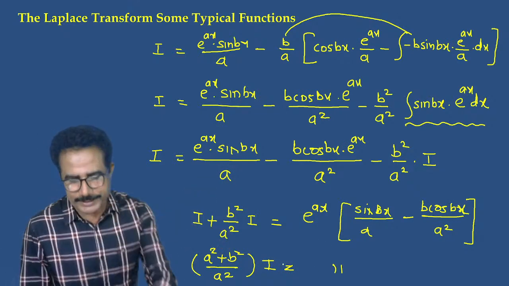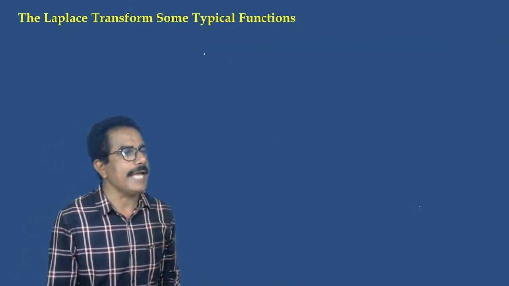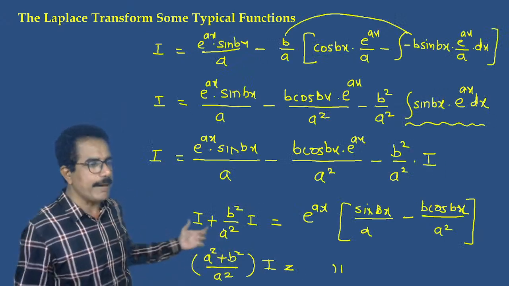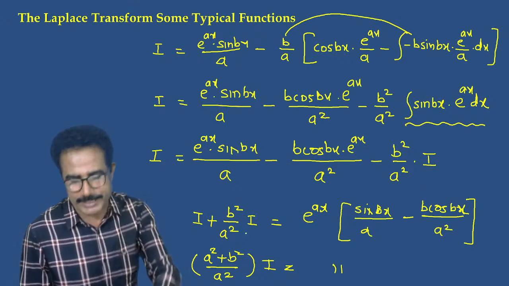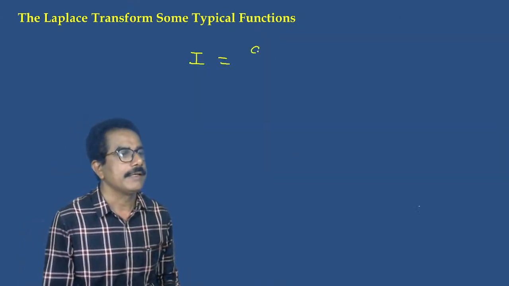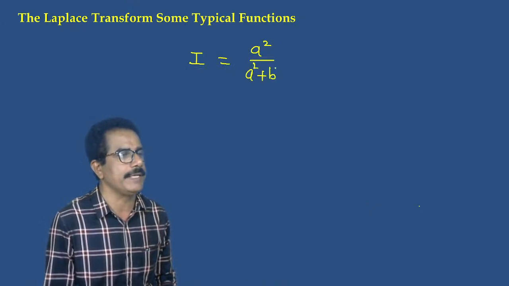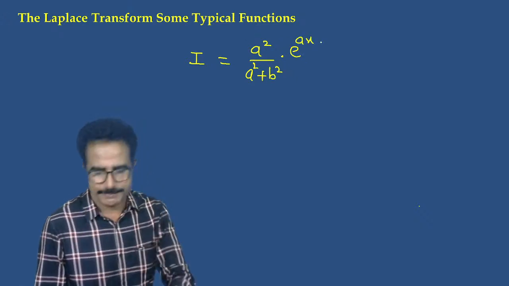Now we can find the value of I. So I is equals to, take this part, a square plus b square, on the right side, so it will be a square divided by a square plus b square into e raised to ax.